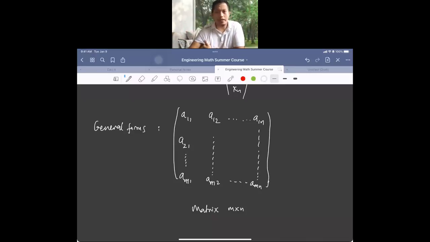Actually, matrix came from the word for mother. It's just a brief intro. Why mother? Mother has a womb, and the womb has an environment for the baby. So it's like you have a baby here.